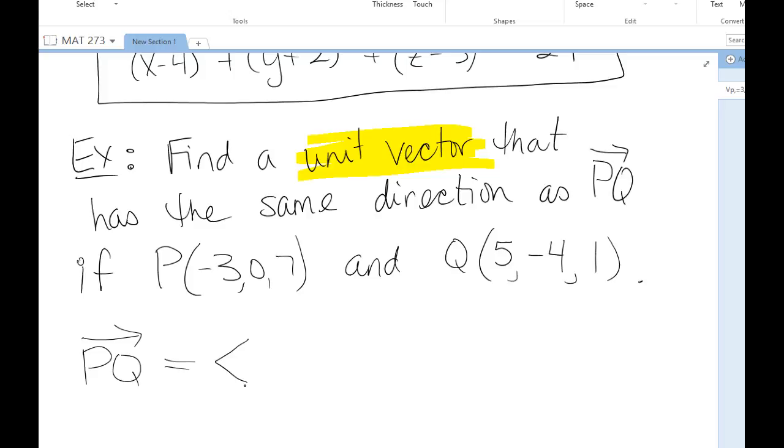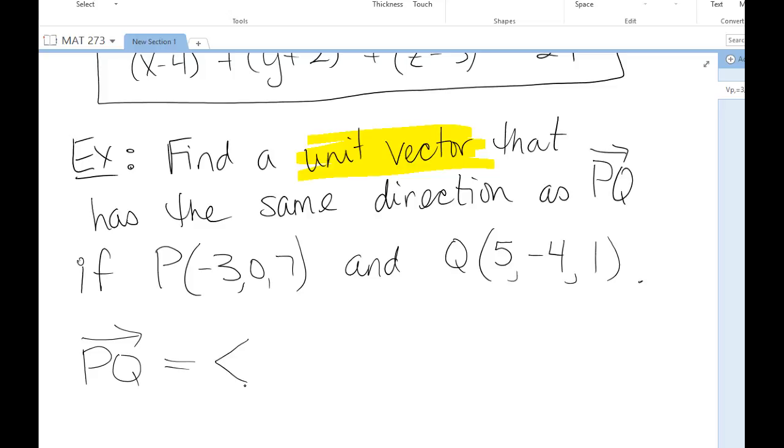So if the value got bigger, then we need to do the bigger number minus the smaller number so the answer comes out positive. That means a positive change. The value went up, it got bigger. So always do the ending minus the beginning. If that comes out negative, that means the ending was smaller and the value went down. So you're always doing your Q's minus your P's for vector PQ.